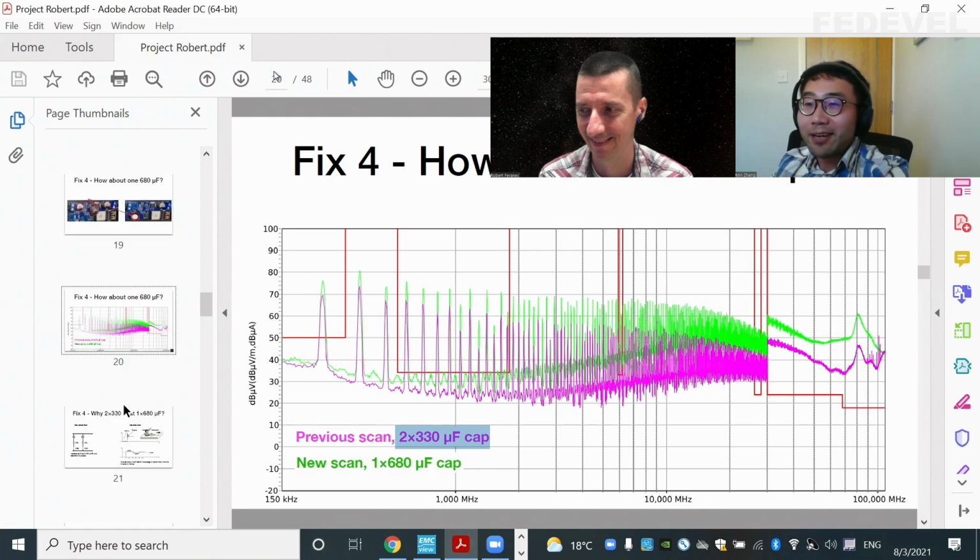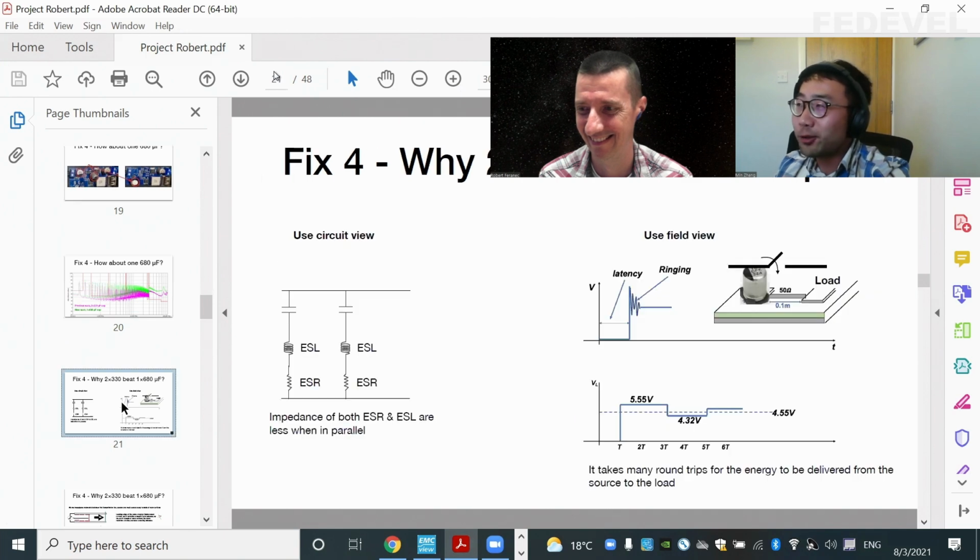So let's have a look. Why is that the case? Why does two 330 beat 680 microfarad? If we use the circuit view, which is what we were taught in school, we treat every circuit unit as a capacitor, inductor, or resistor.